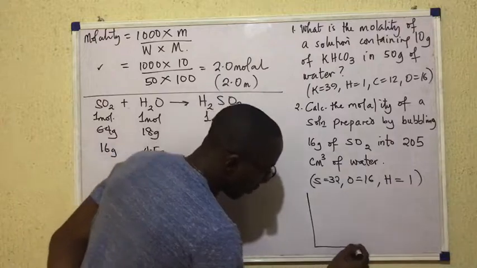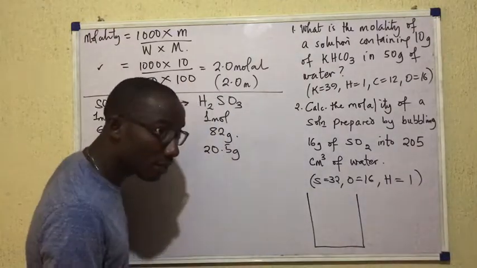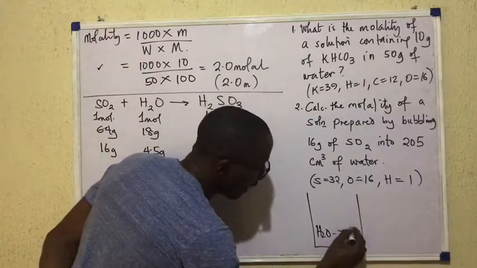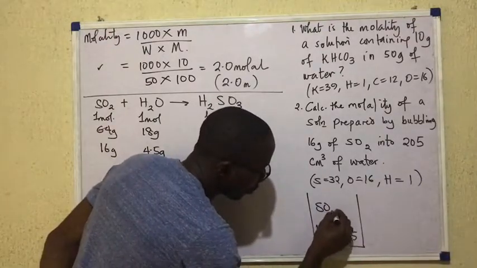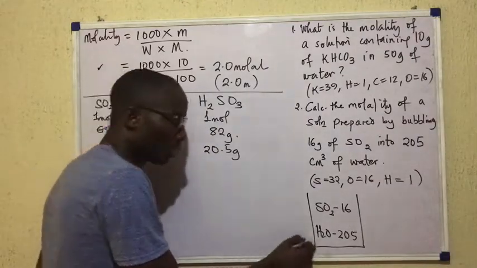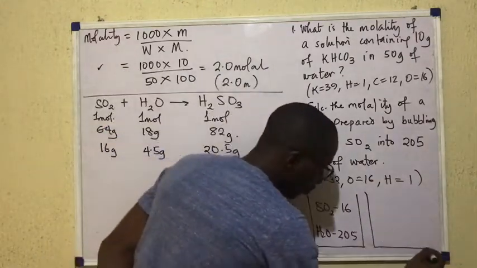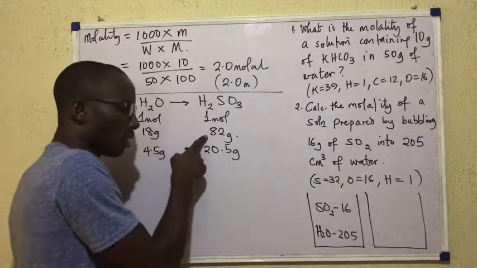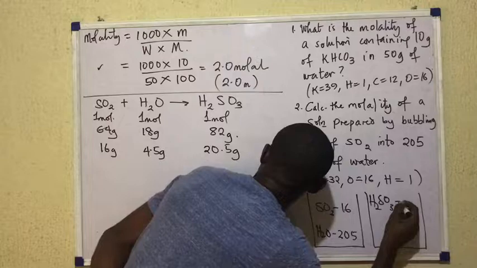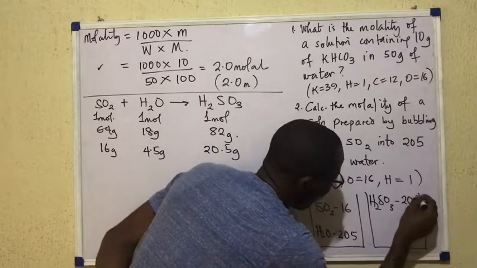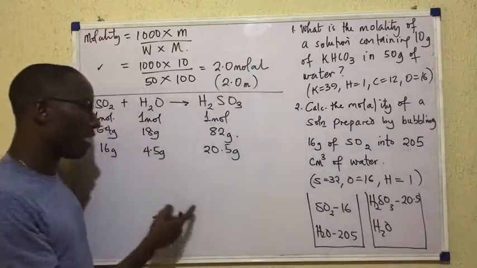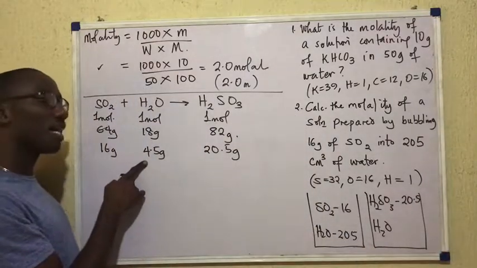Assuming this were the reaction vessel at the start, what we had inside was water, 205, and then SO2, 16. But after reaction with the water, all of the SO2 was used up. H2SO3 was produced. What mass of H2SO3 was produced? We said 20.5 grams. Then the water, we had 205, but out of it 4.5 had been used.